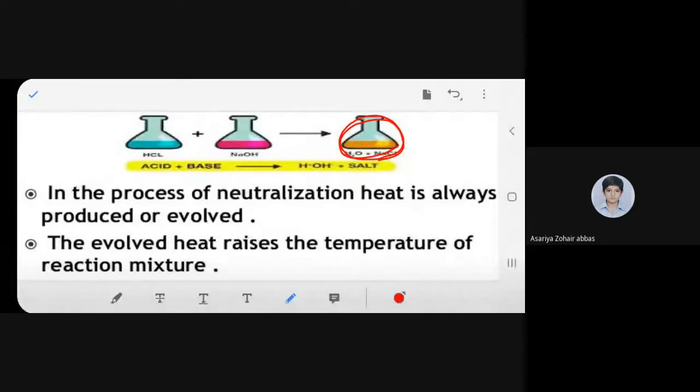Why? Because heat is produced. This reaction is known as an exothermic reaction. Say exothermic reaction. Heat is liberated. Is this clear?